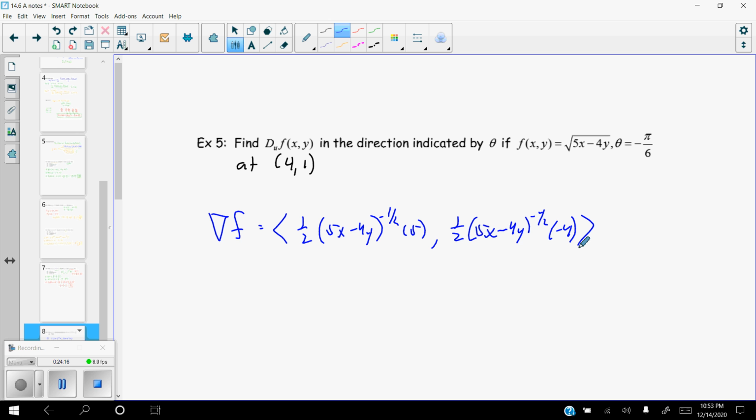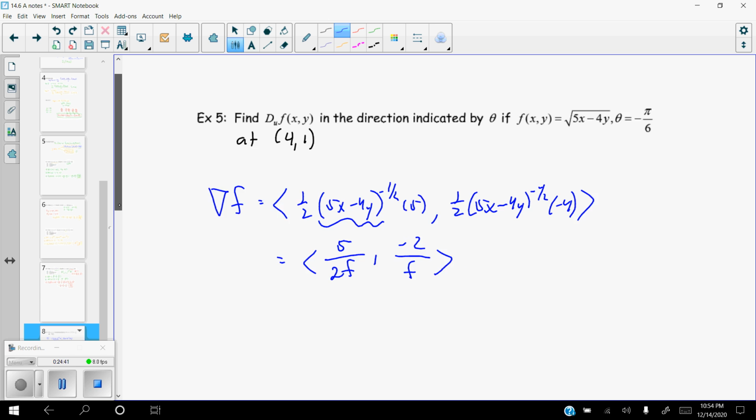So the 5 is going to go on top. This part right here is our original f function, just put into the denominator. So I'm going to get 5 over 2f. And over here, we're going to get -4 over 2f technically, but I'm going to reduce that to -2 over f. That might be easier to deal with. We'll see.